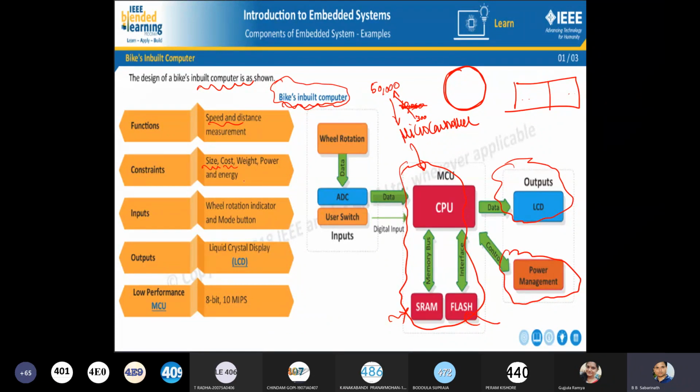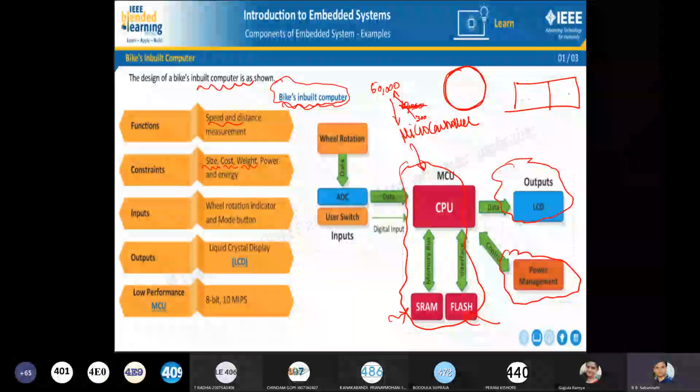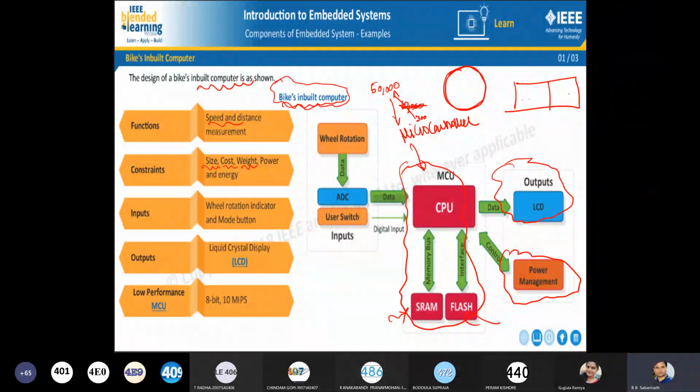It should also have less weight, because it is not related to the bike operation. It is just displaying speed and giving you some comfort, so it should not add much weight. Also, it should consume low power. That's why we use power management.